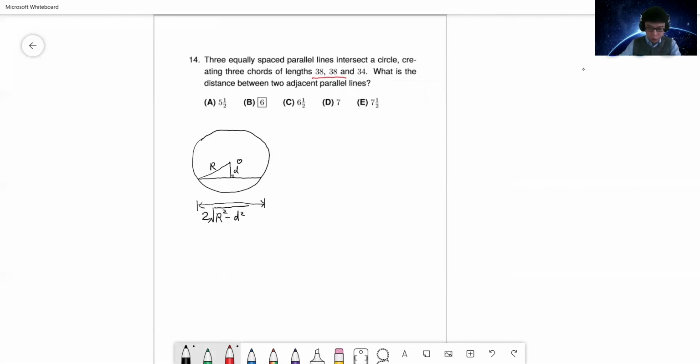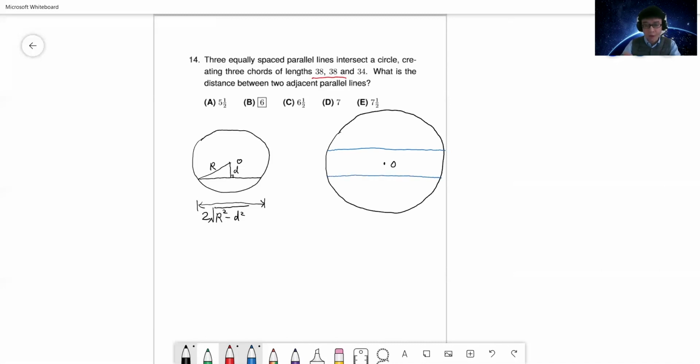So let's draw this picture here. This is the center O. We should have these two 38 chords on 2 sides of the center, and they have equal distance from the center.